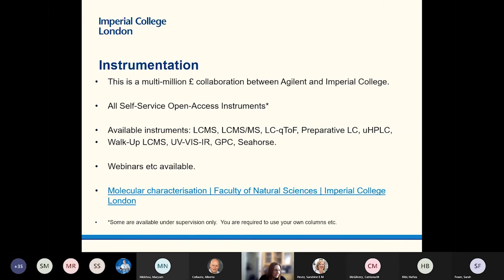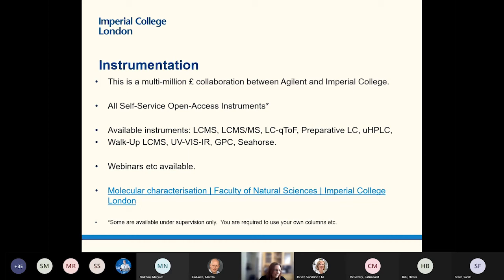So this is a multi-million-pound collaboration between Agilent and Imperial College. Now these are all self-service open access instruments, so there's no service available here. You're expected to be able to run your own samples after being trained. There's a variety of different types of instruments in the Agilent suite, such as LCMS, PrepLC, IRs, GPCs, that sort of thing.